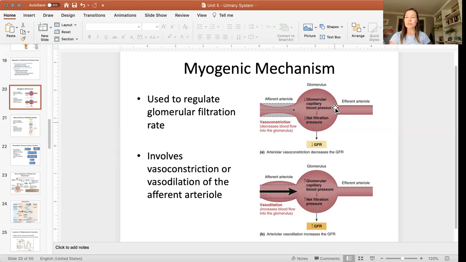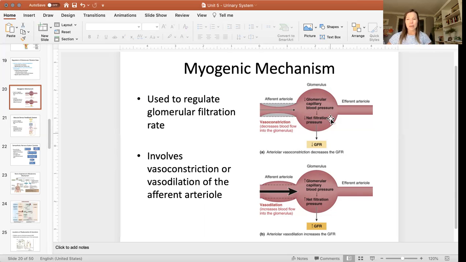And as a result, that's going to decrease the glomerular filtration rate. All right. So if blood pressure is increasing, leading to an increase in filtration rate, you will have vasoconstriction of that afferent arteriole in order to decrease blood flow into the glomerulus, and that's going to decrease the filtration rate.